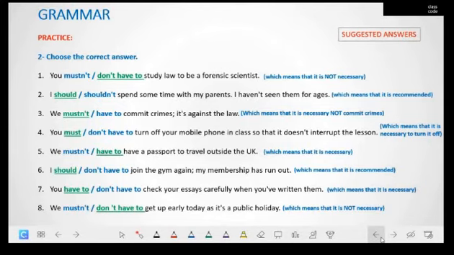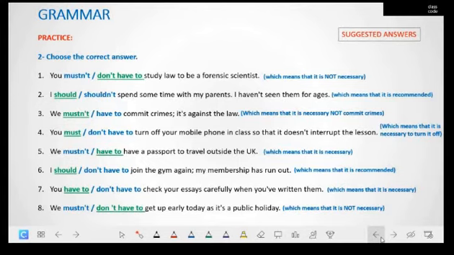All right. Number four, you must turn off your mobile phone in a class so that it doesn't interrupt the lesson, which means that it is not necessary to turn it off. Number five, we have to have a passport to travel outside the UK. Be careful here that have to is the modal verb.